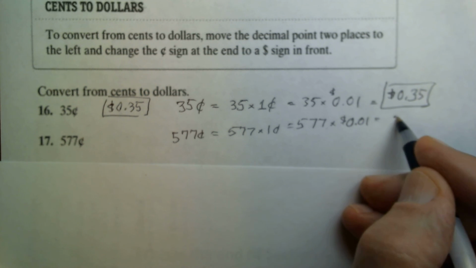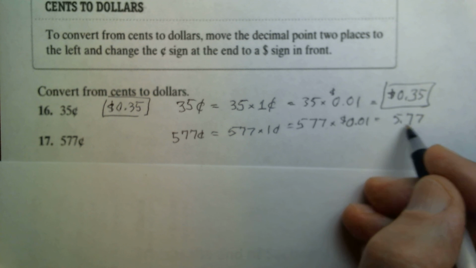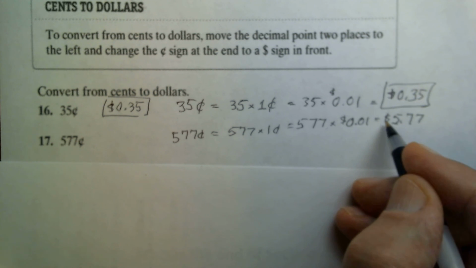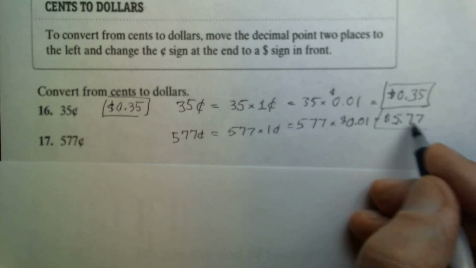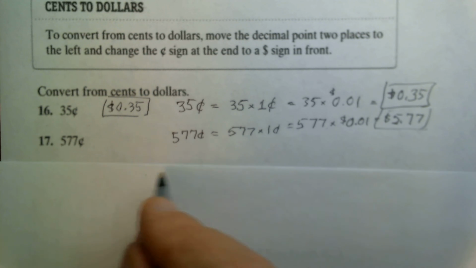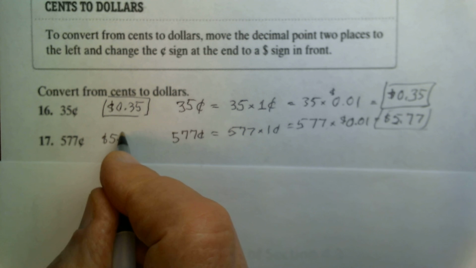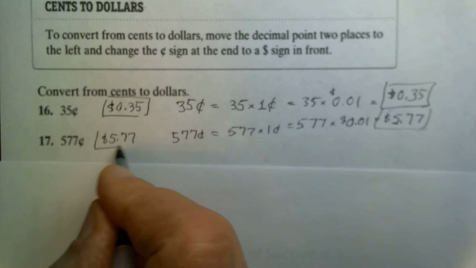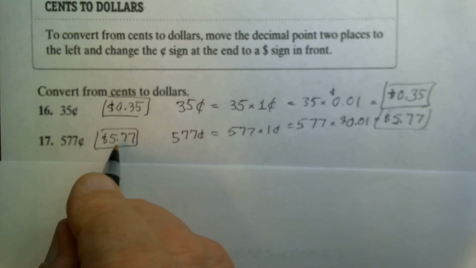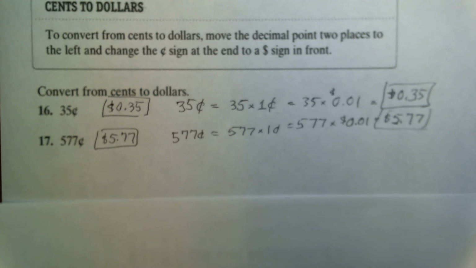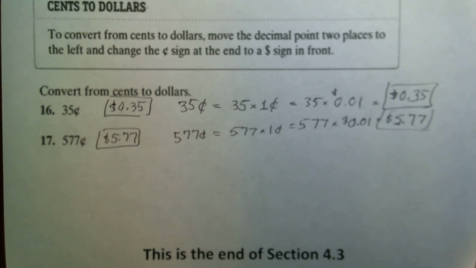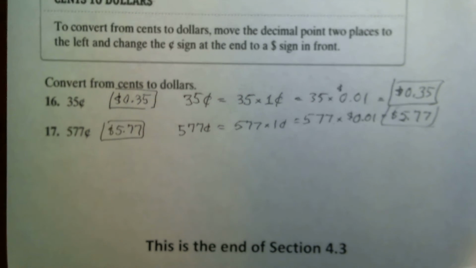It becomes 5.77. And then put a dollar sign in front. And this is the end of section 4.3.